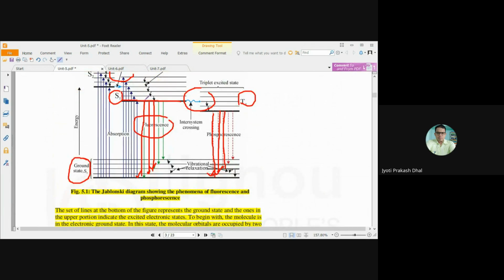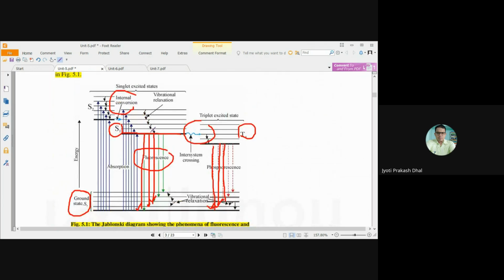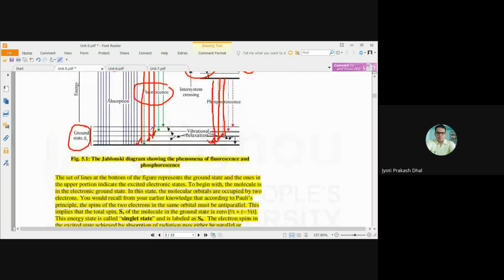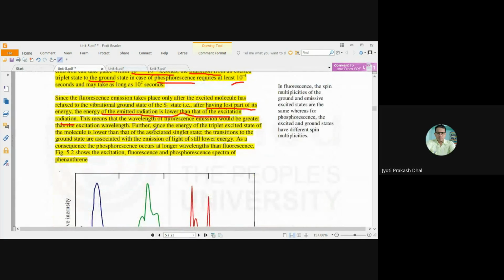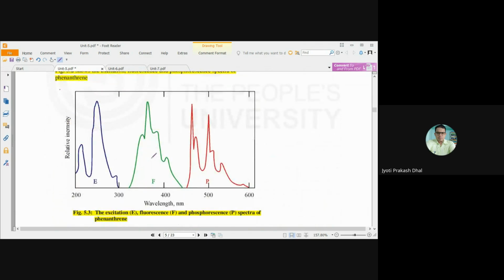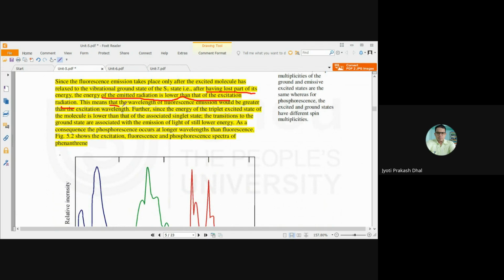Before the process of fluorescence, the molecule has already lost some amount of energy due to internal conversion. So that's why the wavelength of fluorescence will be longer than the excitation wavelength. This means the wavelength of fluorescence emission would be greater than that of the excitation wavelength.